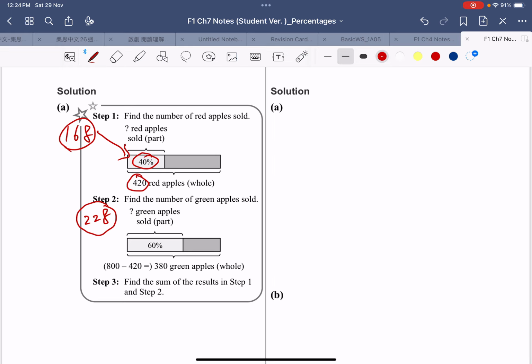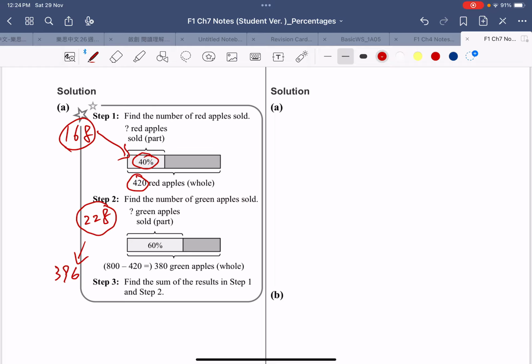In this case, this is the total number. Just add it up, and it would be 396. This is the total amount sold.